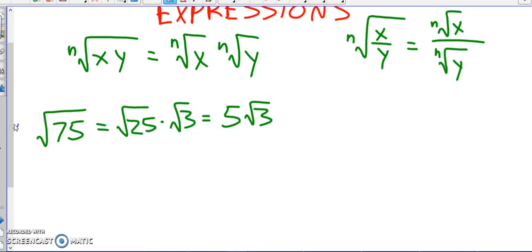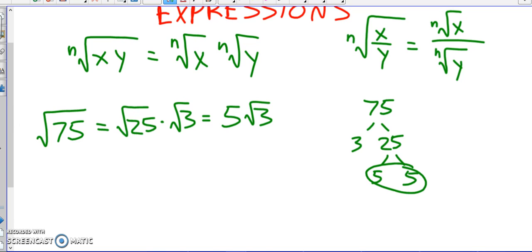Now, if I didn't know that, what I could do is I could say, okay, 75, and I could make this prime factor tree. Remember, prime numbers are numbers that are only divisible by 1 and themselves, so like 2, 3, 5, 7, 11, 13, those are all prime numbers. 2 doesn't go into 75, but 3 does 25 times, and then 25 is 5 times 5, and for a square root, you're going to circle pairs because that makes a perfect square that you can simplify.